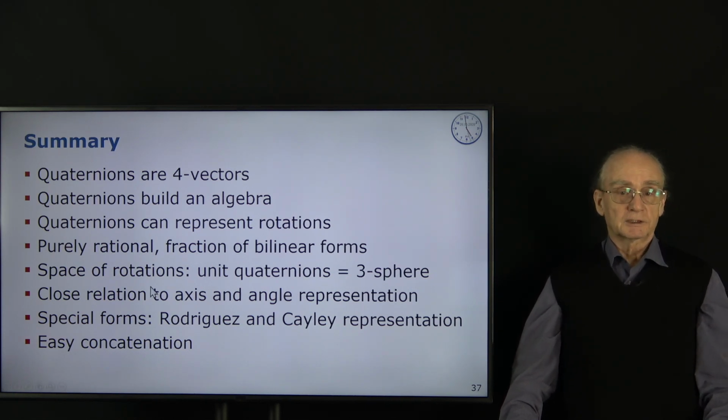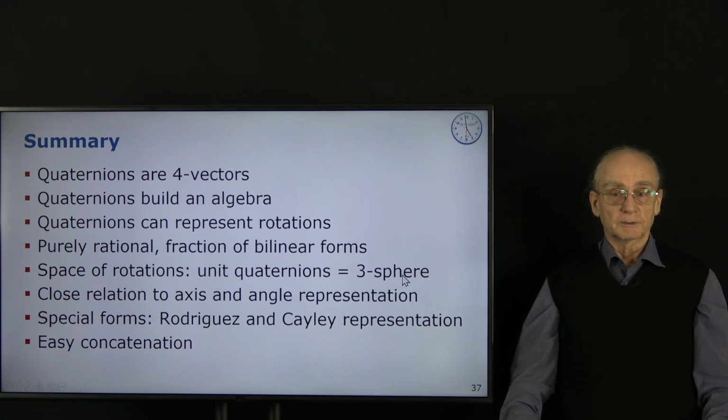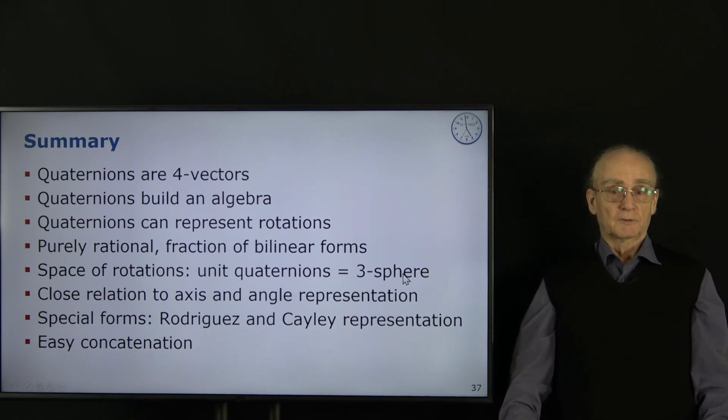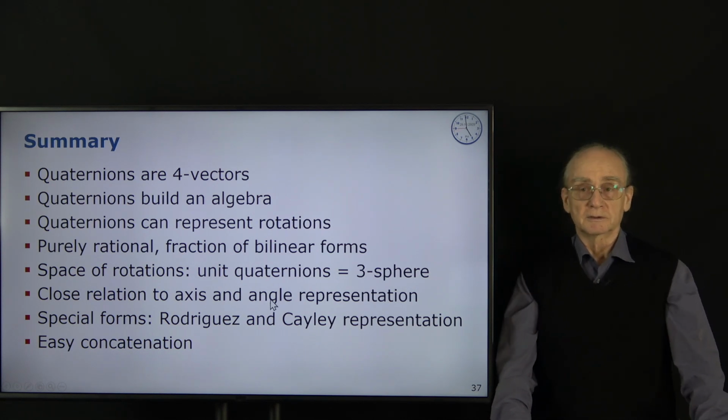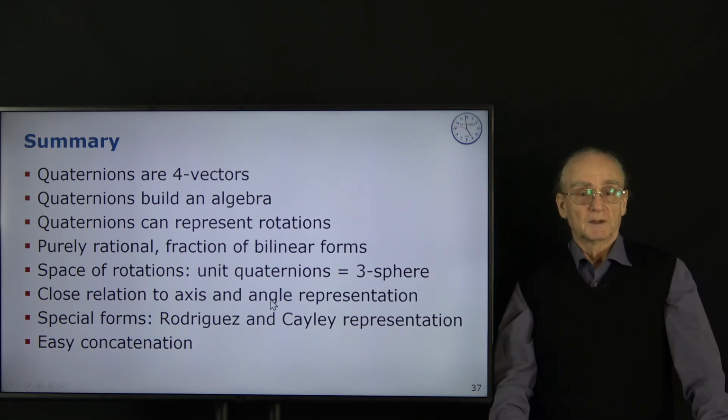The space of rotations, that means of the unit quaternions, is the 3-sphere, which is continuous, which has no borders, which is nice for the estimation. And the good thing is that we have an interpretation, because there's a very close relation to the axis and angle representation. The vector part of the quaternion is the direction of our rotation, and the angle can easily be calculated.